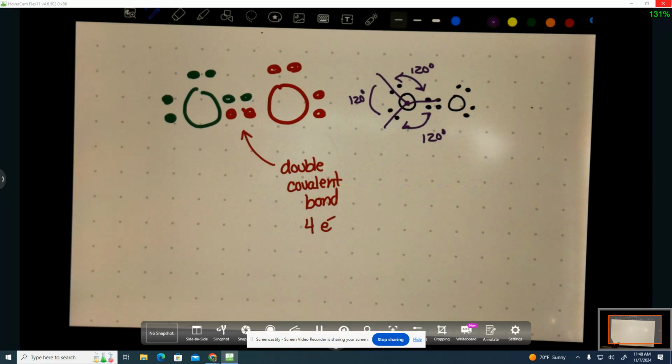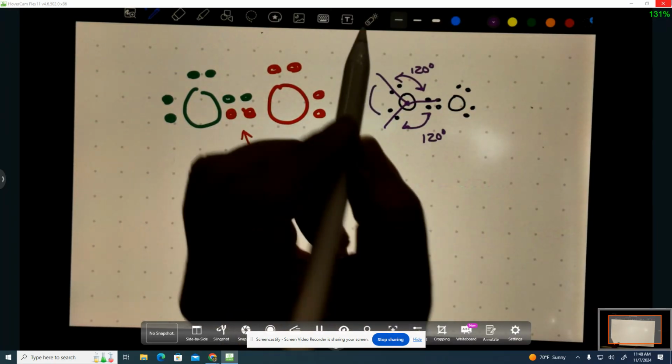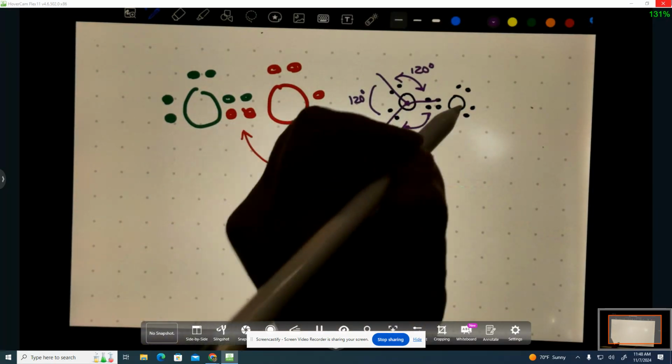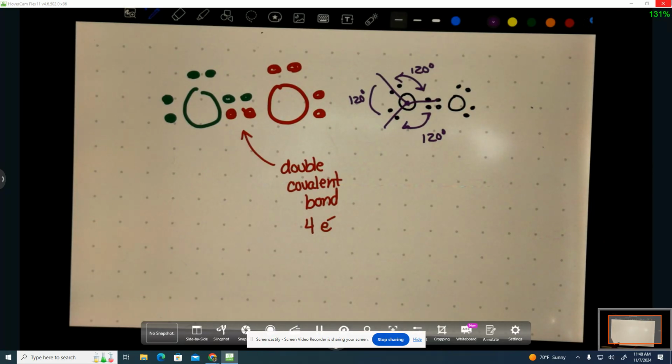That's called molecular geometry. It's just saying that these electrons, which are all negative, want to be as far away from one another as possible because they're all negative. They're going to repel, and the way that they can get as far away from one another as possible is to have the biggest angle between them, and that is 120 degrees because I split it into 3 locations.